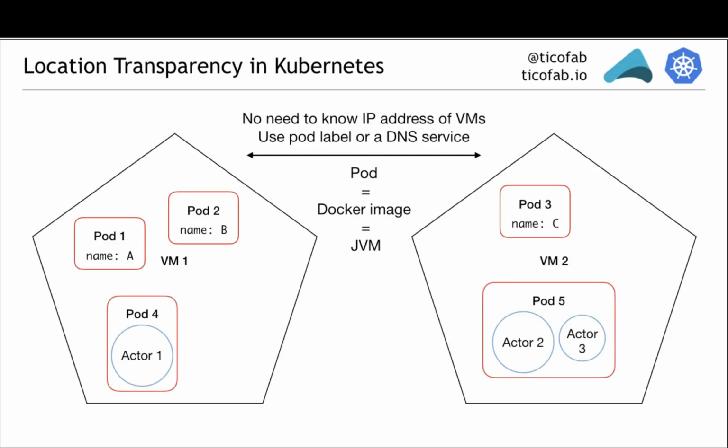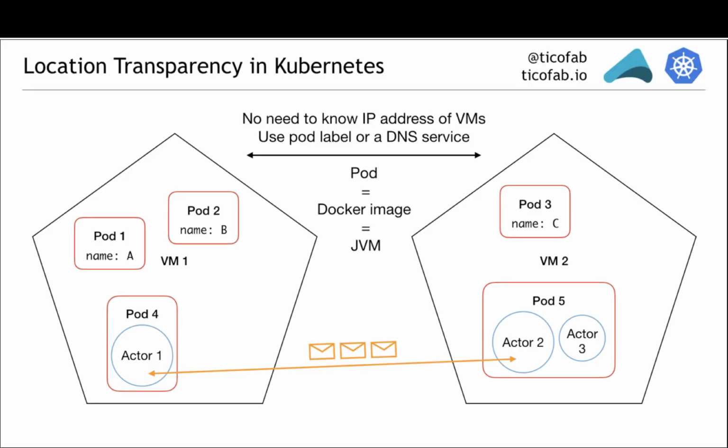Inside each pod, we will have our JVMs and conversely our actors. And they will be able to message each other, like we've seen earlier, between different pods, without you knowing even on which virtual machines these actors are running. Could be the same, could be another one. It's not something that you have to worry about. And so that's location transparency in Kubernetes.